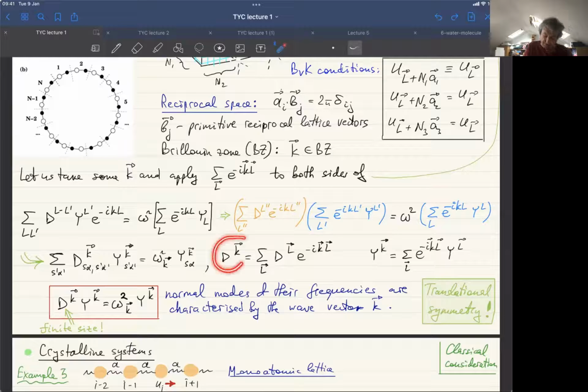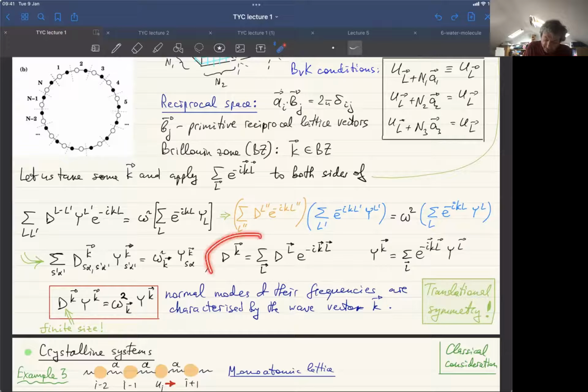So this is a finite matrix, but it is specified for a particular K vector. K vector is a vector in the first Brillouin zone of the reciprocal space of my crystal. I just hope you're familiar with the concept of the reciprocal space and K points.